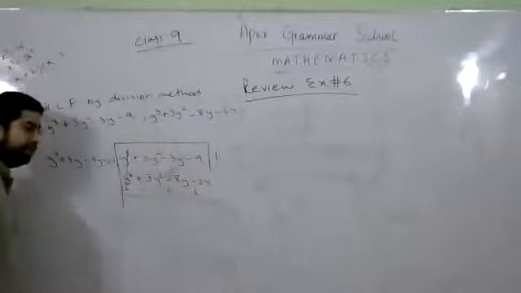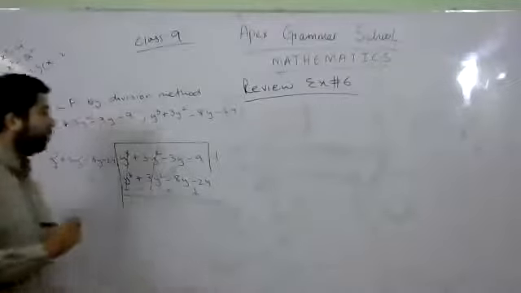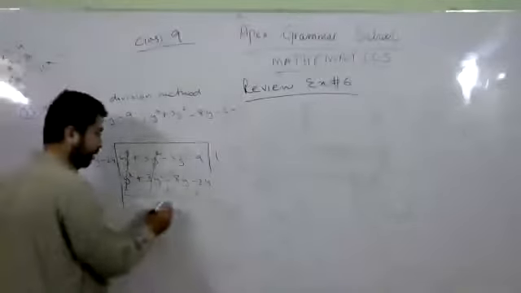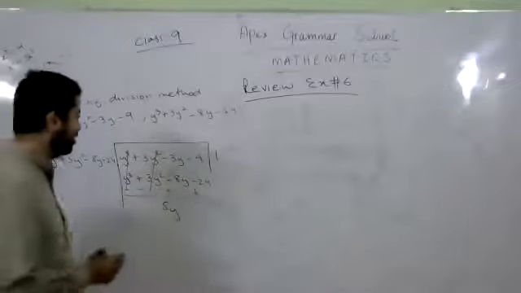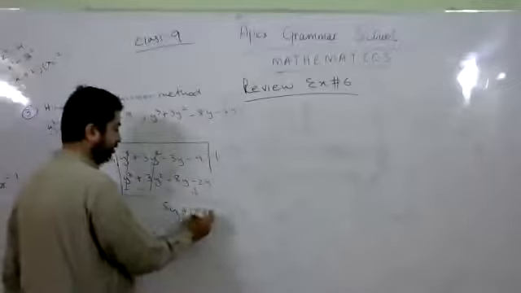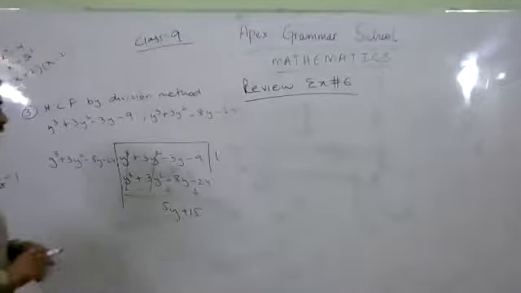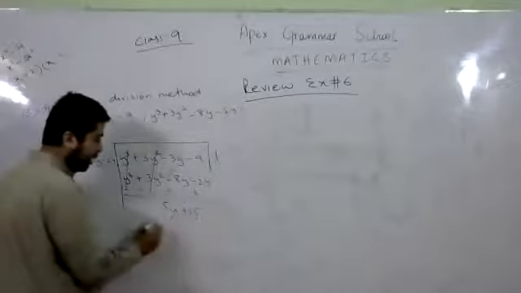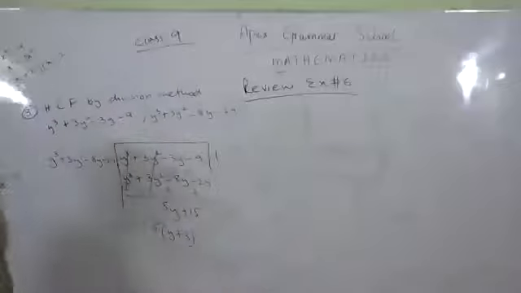This will cancel plus 3y square and negative 3y square. And you are left with minus 3y plus 8y means 5y. 20 minus 9 makes plus 11. I have already told you that you can easily take the common if it happens. So 5 is common here, then you are left with y plus 3.